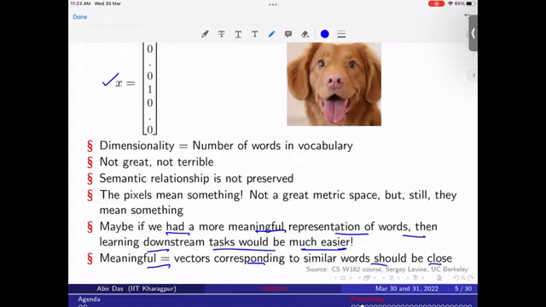So there is a possibility that if you have these good language models, you can use them for these downstream tasks.